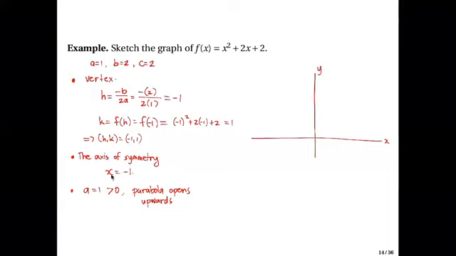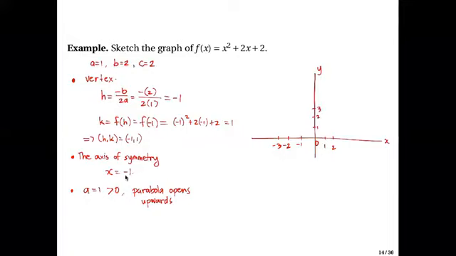Then the axis of symmetry, x equals negative 1. So suppose this is your negative 1, you have your negative 2 here, negative 3, this is your 0, this is positive 1, positive 2. This is positive 1 for the y, positive 2 for the y, positive 3 for the y, etc.